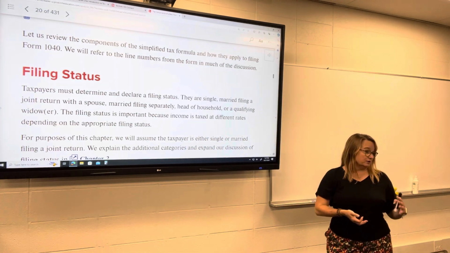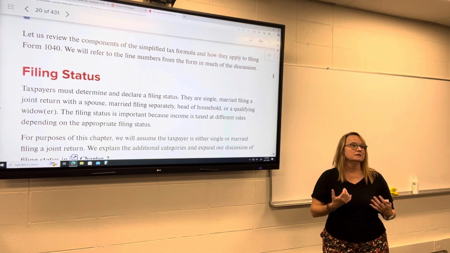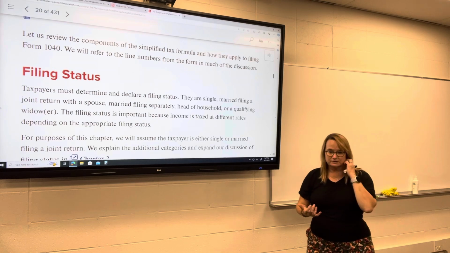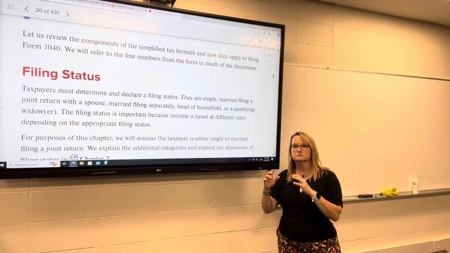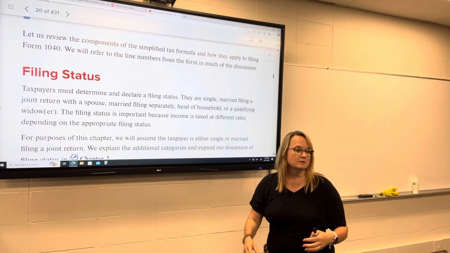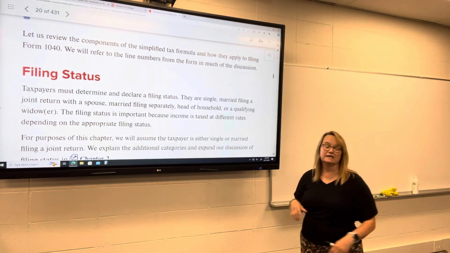So generally speaking, if you are married filing jointly, that is going to be the most favorable filing status. You're going to get the largest deductions. The marginal brackets are more favorable. The phase-out ranges are more generous as well for that filing status.